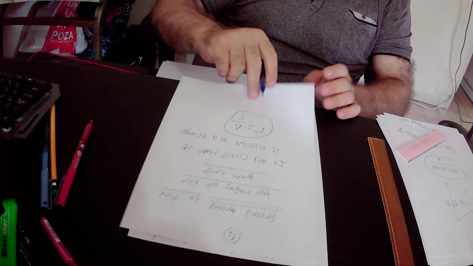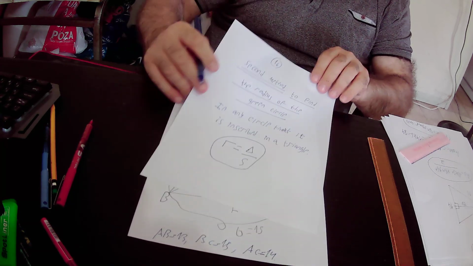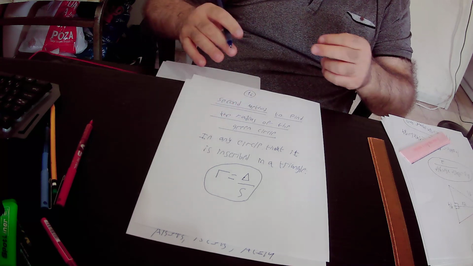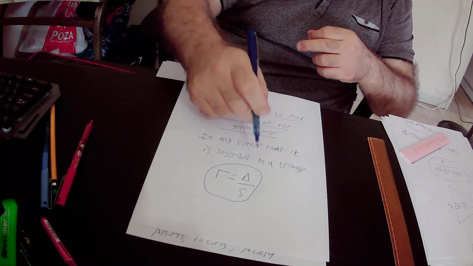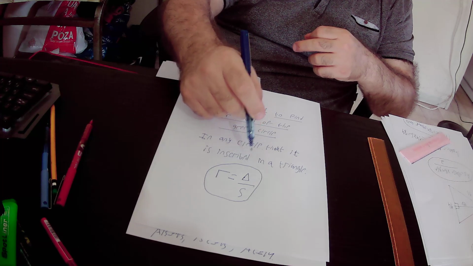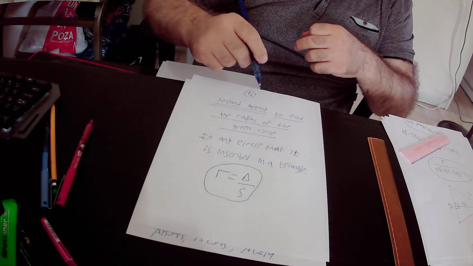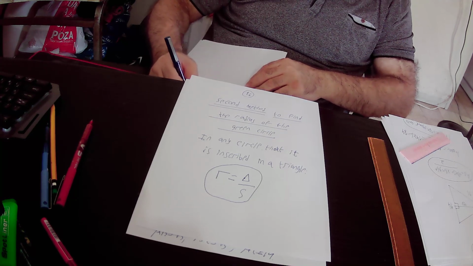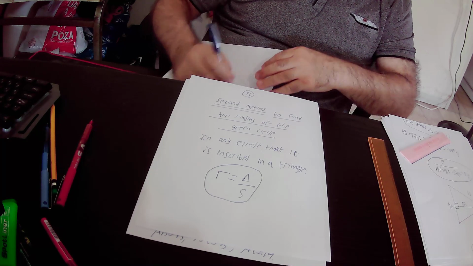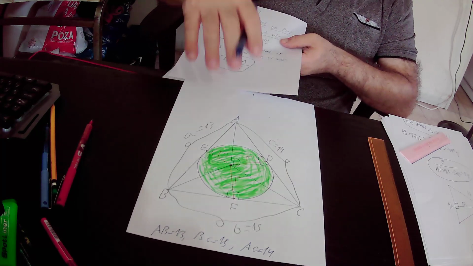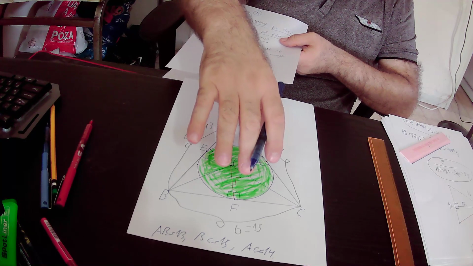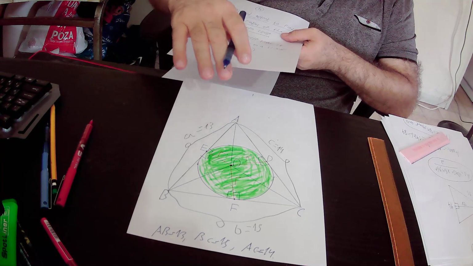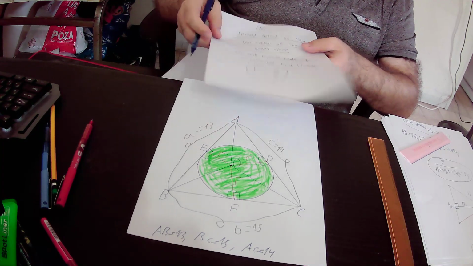Again, the radius of any circle inscribed inside a triangle equals the area of the triangle that contains the circle over the semi-perimeter of the triangle. And we have already found that the area of the triangle ABC that contains the green circle equals 84 square units.